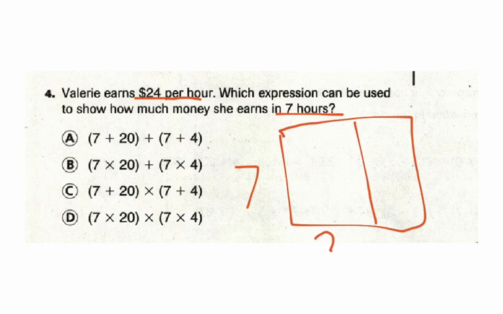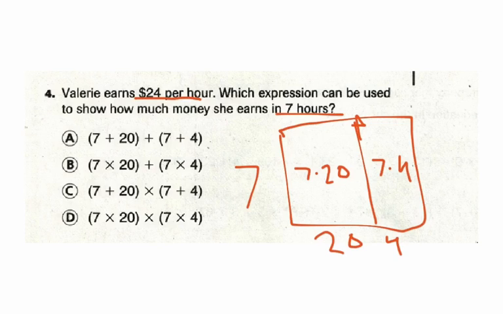So I have 7 hours, I have 20 hours here, 4 hours here. So 7 times 20 here, and 7 times 4 here. So together, I would add those two together to get my total.